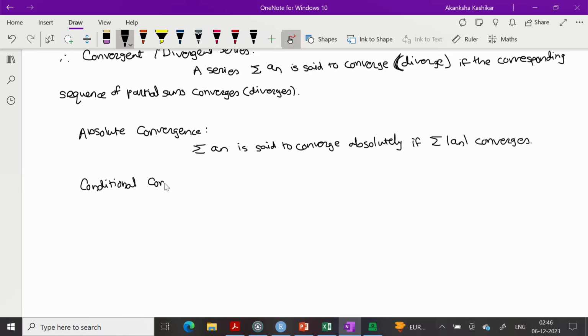Hence, we have what is known as conditional convergence.